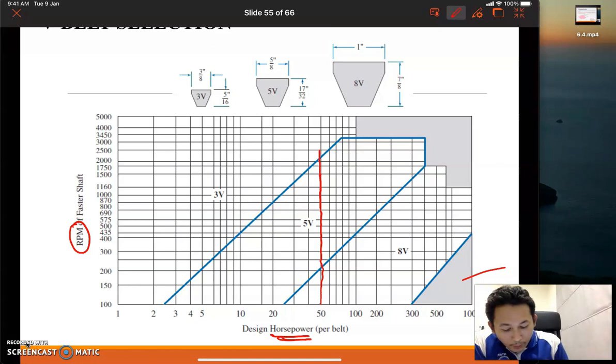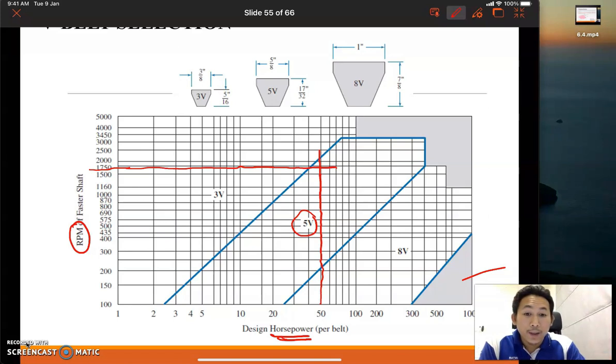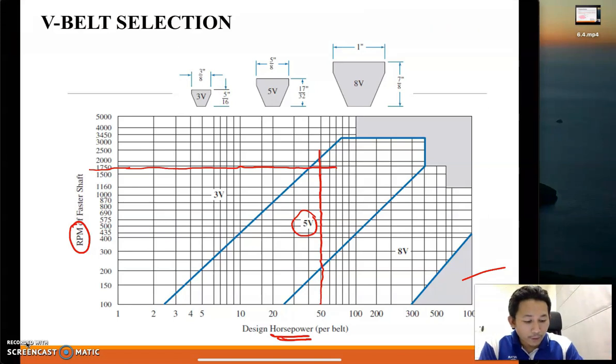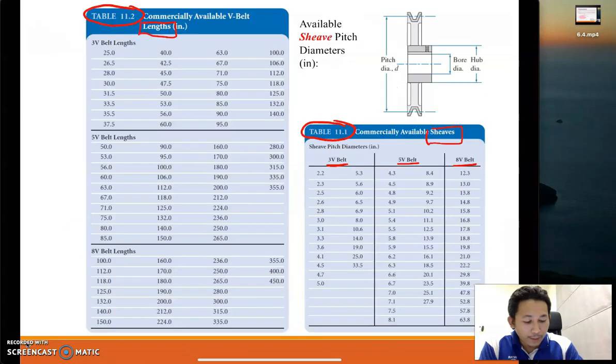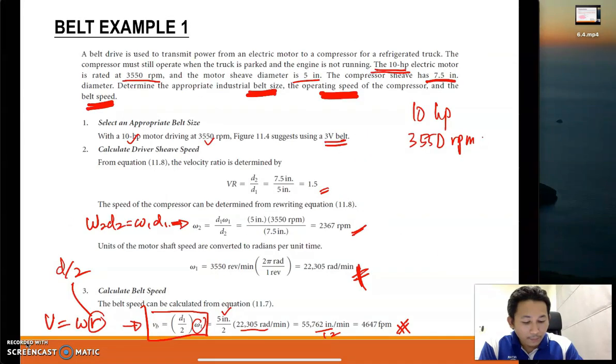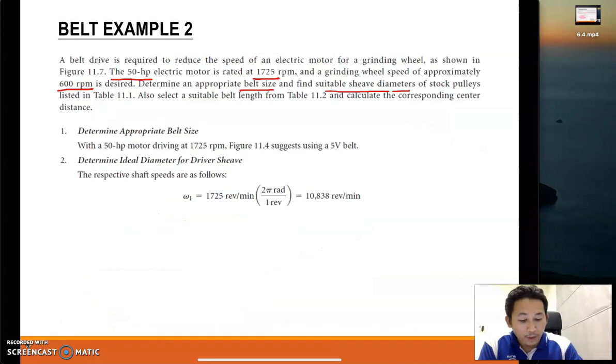Okay, so 1725 is slightly below 1750, so we get 5V. Okay, belts of 5V. So that is the belt for the motor. So we have a 5V belt.